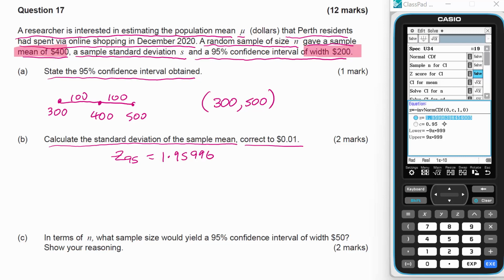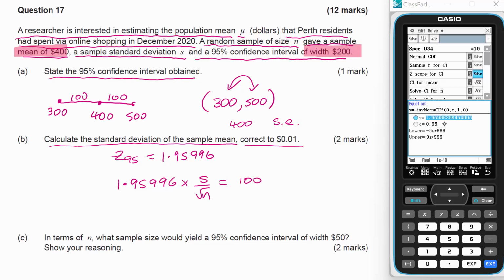Think about how the interval is actually calculated. From the 400, we go up and down by what's known as the standard error. So 1.95996 times s over root n is equal to 100.